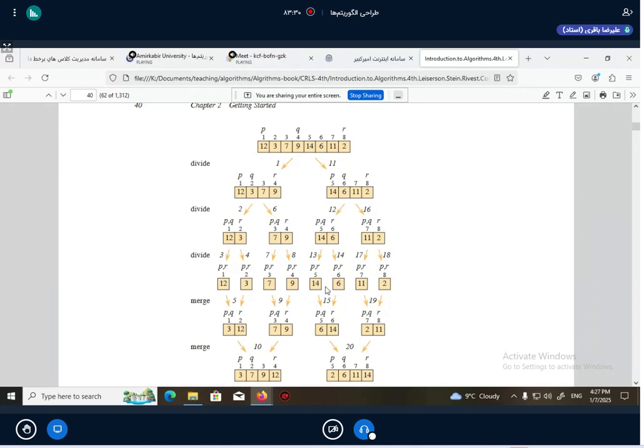The result of merging 14 and 6 is 6, 14. Also for the other part, the merge sort of 11 and 2 is 2, 11. Then these two sorted parts are merged. Merging of 6, 14 and 2, 11.